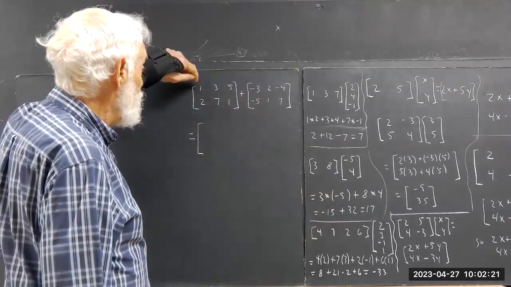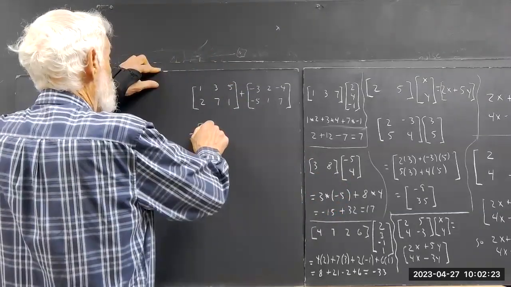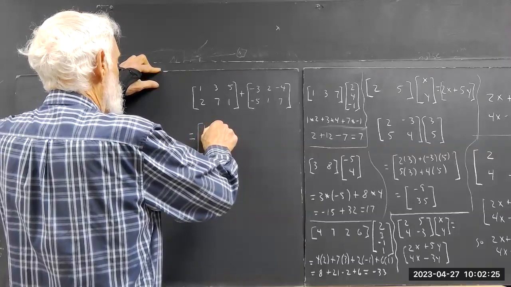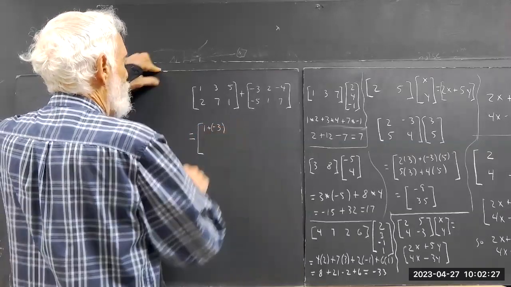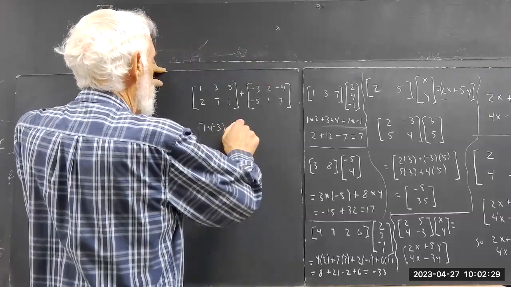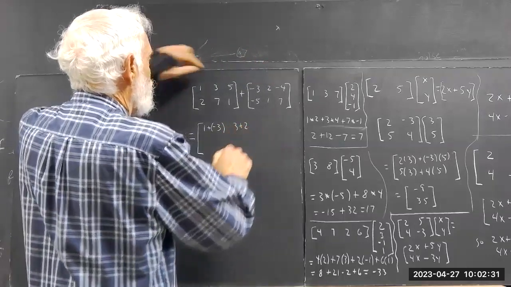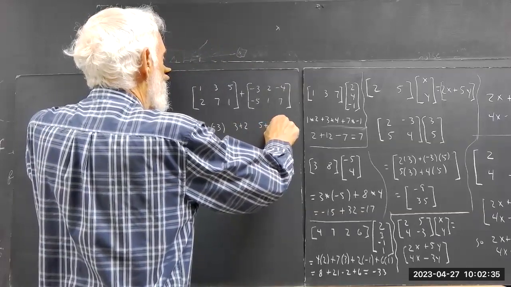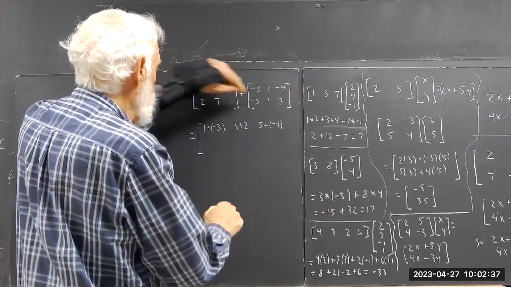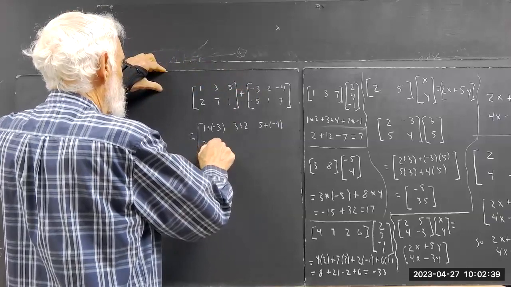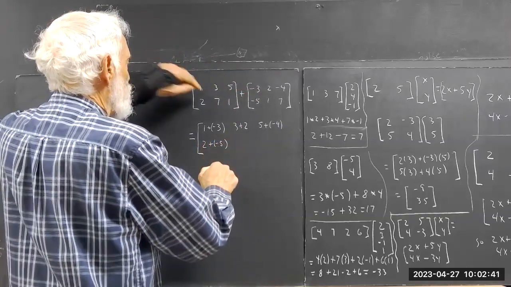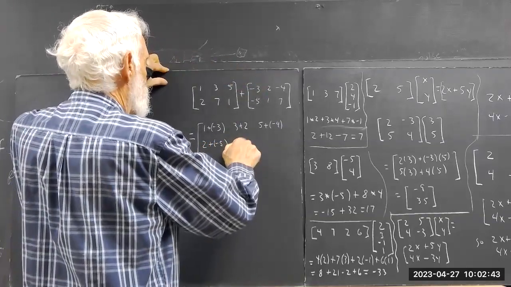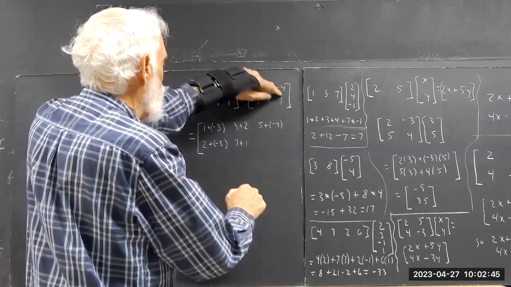We just add the 1 and the -3. We add the 3 and the 2. We add the 5 and the -4. We add the 2 and the -5. We add the 7 and the 1. We add the 1 and the 7.